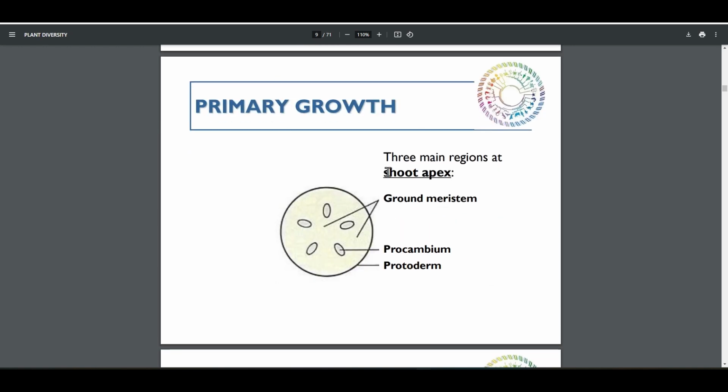So primary growth: the shoot apex has 3 main regions. The ground meristem is the part for a lot of cell division, mitosis. The procambium will develop into xylem and phloem, while the protoderm will develop into the epidermis, the surface layer cells.